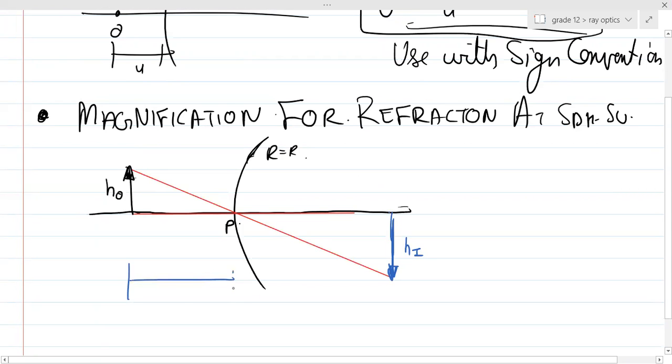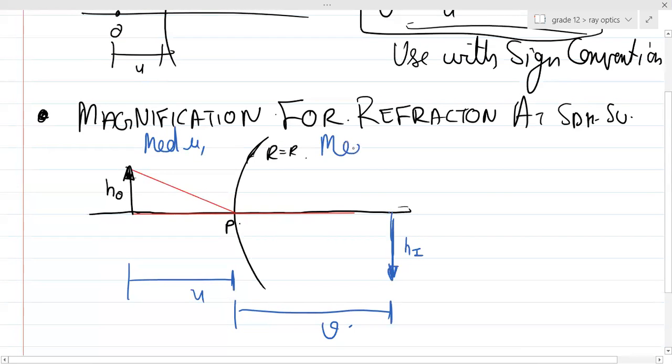This distance is basically u, this distance is basically v, and what do you need to find out? By the way, this line will not be exactly straight because the medium is changing now. Here the medium is mu1 and here the medium is mu2.